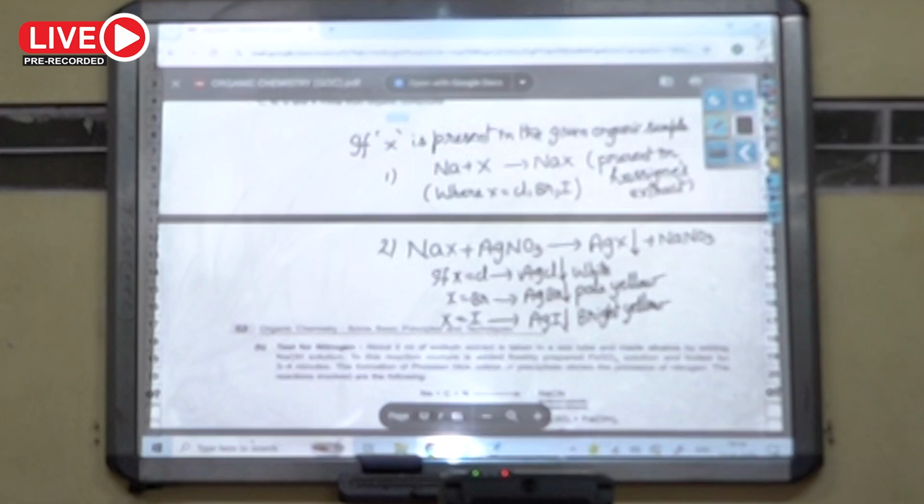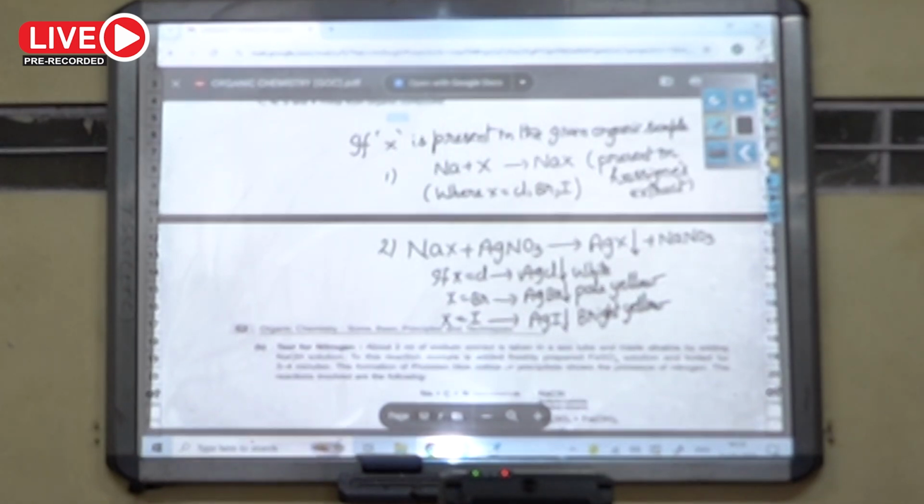Without any color, if no precipitate is formed, you can't detect, because our heading is qualitative analysis. By qualities you have to analyze. Quality means the color, smell, solubility. By seeing the Prussian blue, you say it is nitrogen.